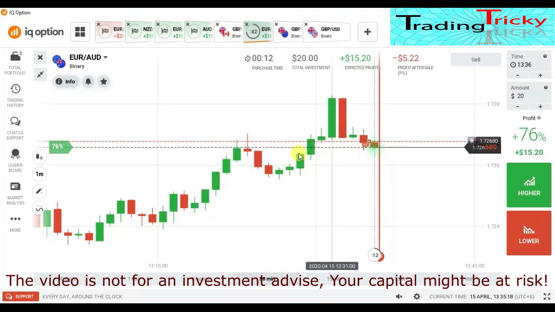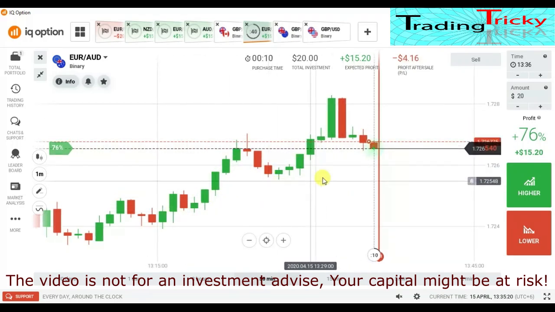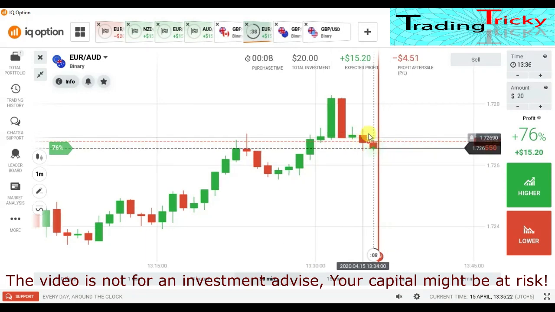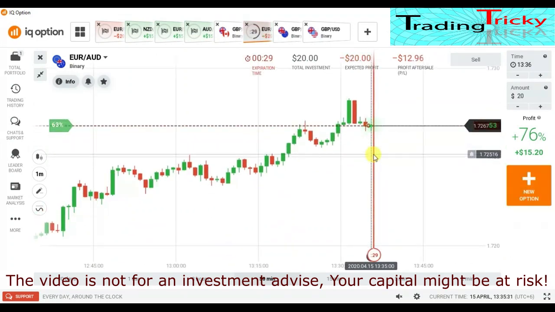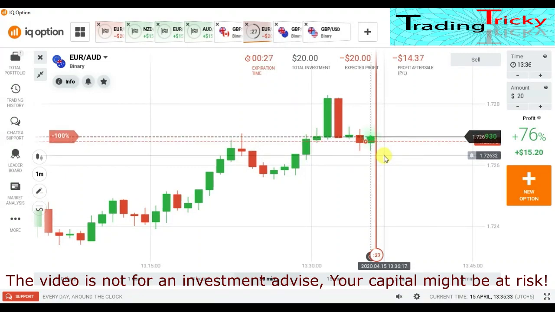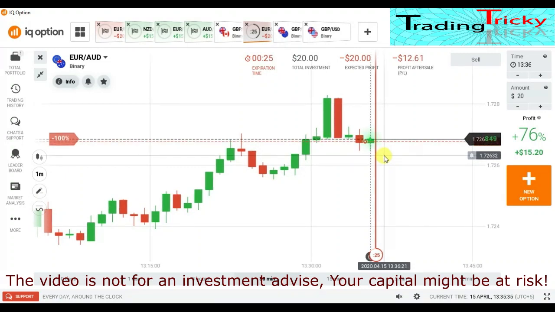This is an uptrend, and I saw there is a strong seller, and the seller made a new low, so I place a lower option here. So let's close this candle.